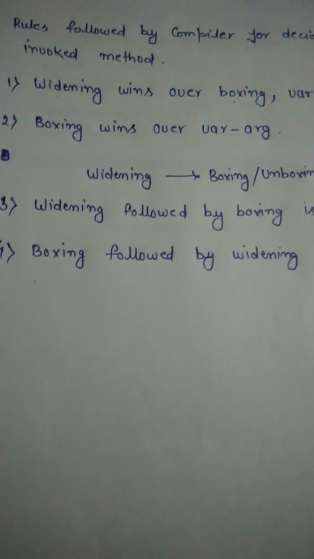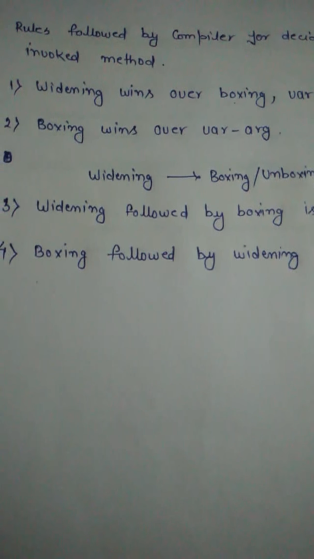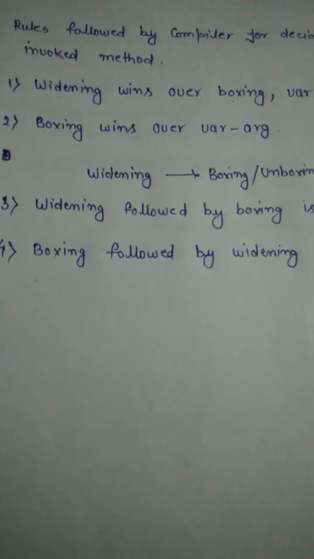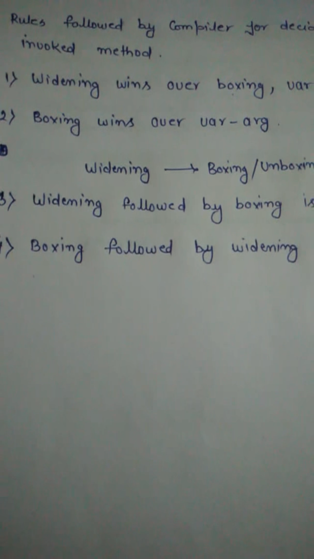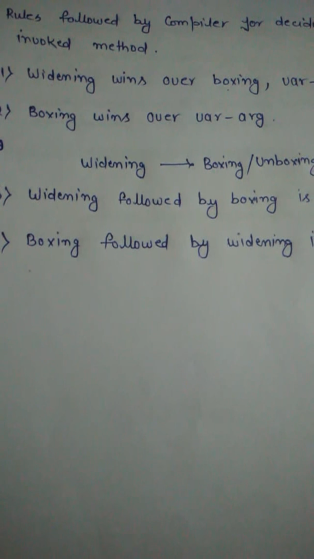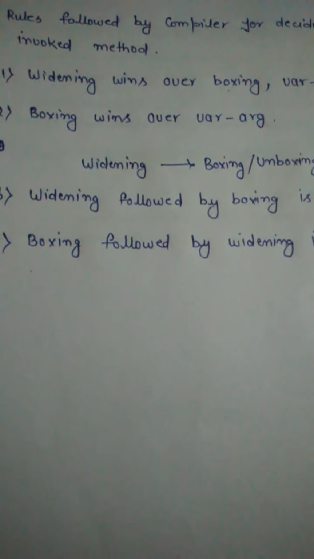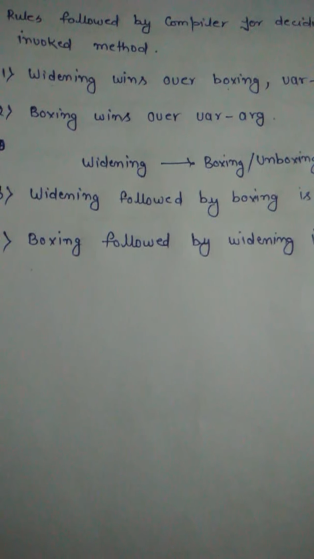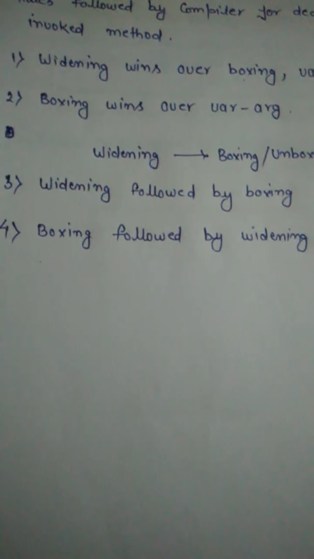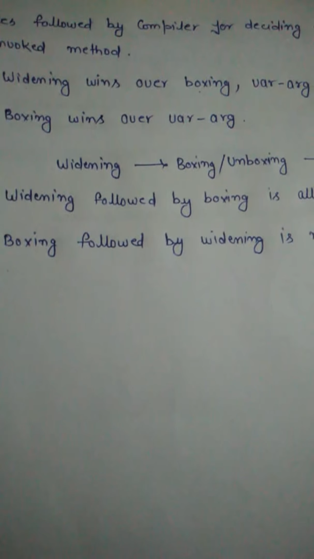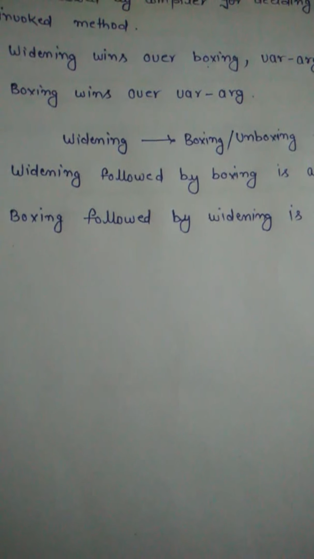Those were widening, boxing, unboxing, and variable arguments. There are some rules, and by following these rules the compiler decides which form of the method is to be invoked. So the first rule says widening wins over boxing and variable arguments. What does it mean? See here.